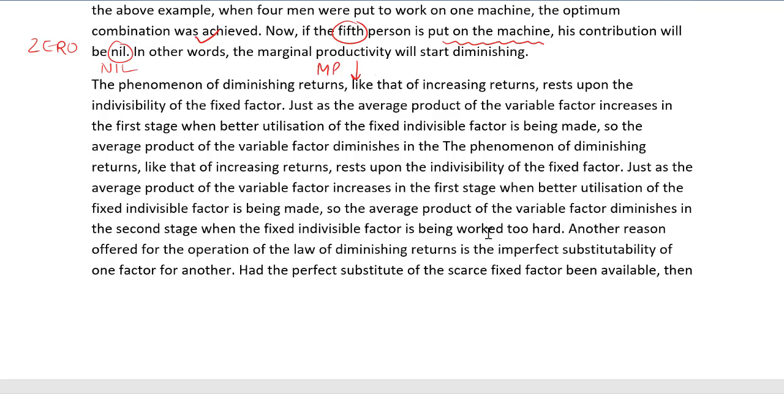This phenomenon of diminishing return, like that of increasing return, rests upon the indivisibility of the fixed factor.